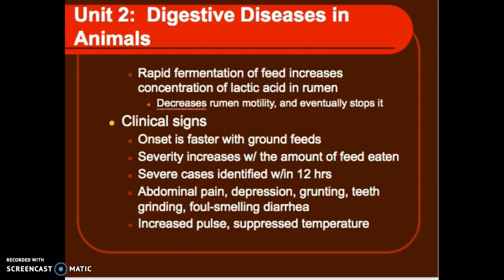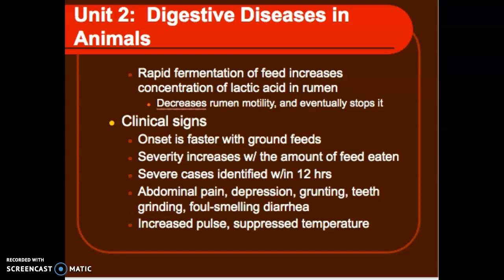Generally, when we look at clinical signs here, you're going to find a number of different things that may happen. Usually, whenever an animal is impacted, it's associated with some other type of disease. We're going to talk about displaced abomasum later on in this series of lectures, but it's oftentimes associated with something like that.